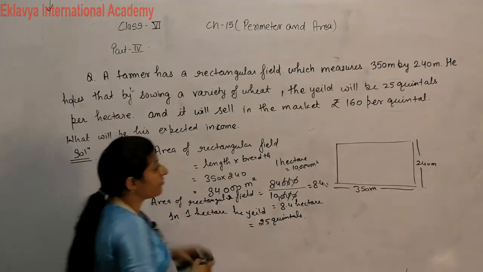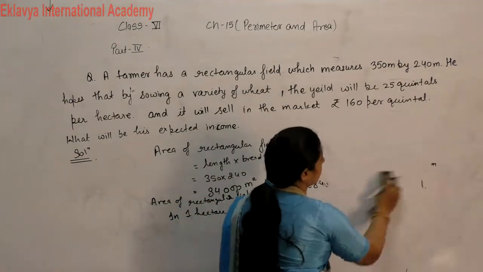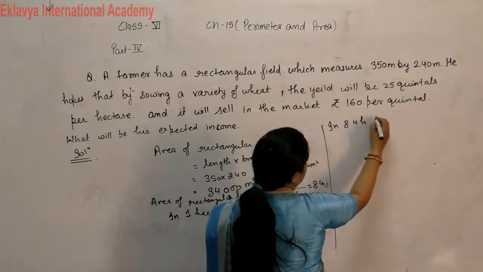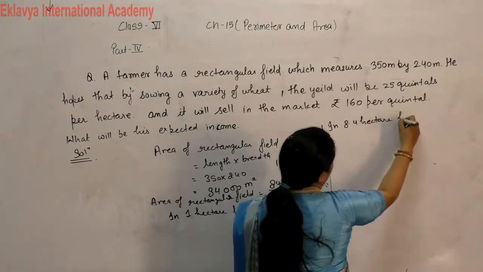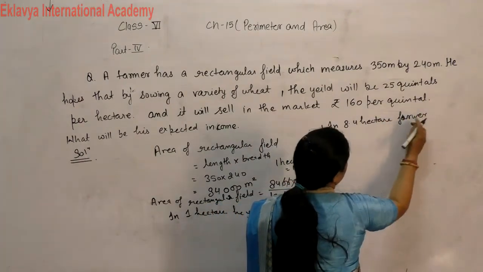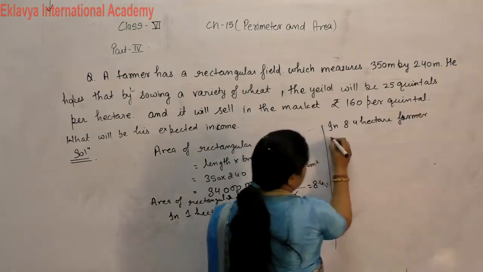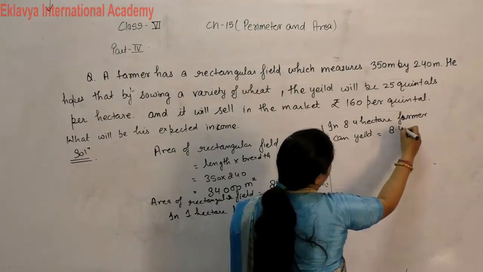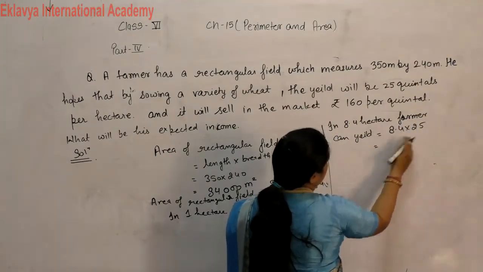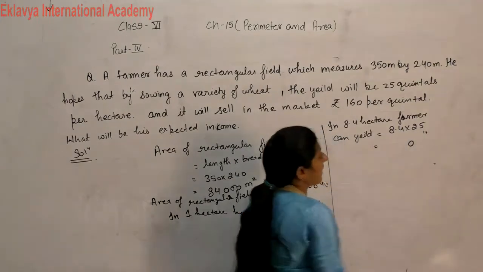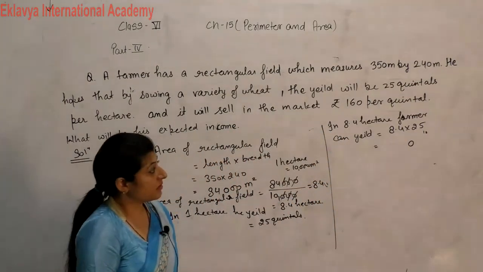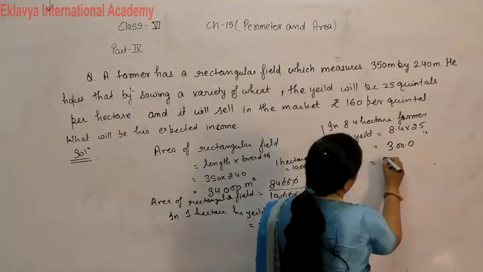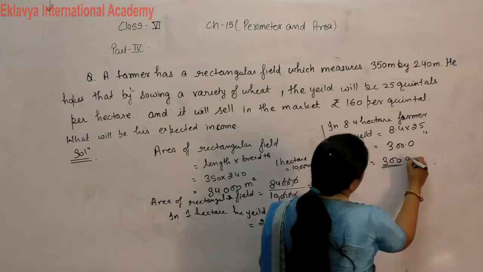Then in 8.4 hectare, the farmer can yield is equal to 8.4 into 25. 25 4s are 100, 25 8s are 200, 200 or 10, 300, becomes 300 quintal.